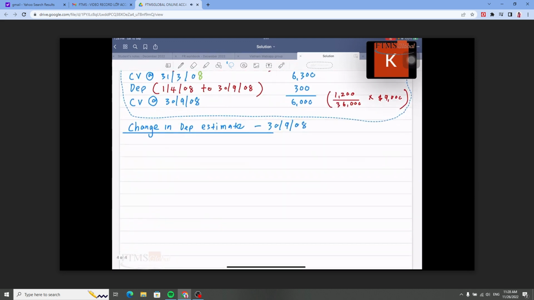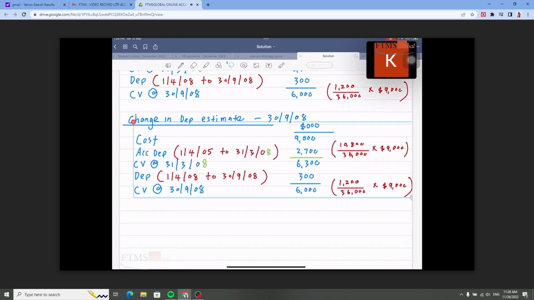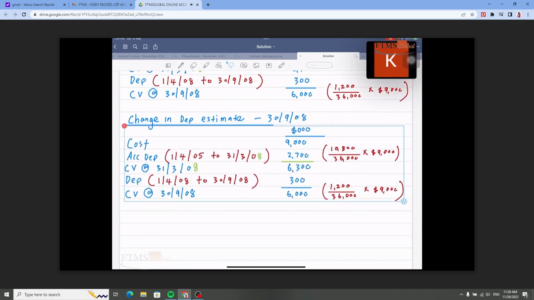Okay, so I'm going to paste here. I'll give you some time to copy if you want to copy, right? Okay, so this is the first thing that we need to do. Calculate the carrying value at the date of change, which is something like that. Okay, I'll give you 1 minute if you want to copy down.